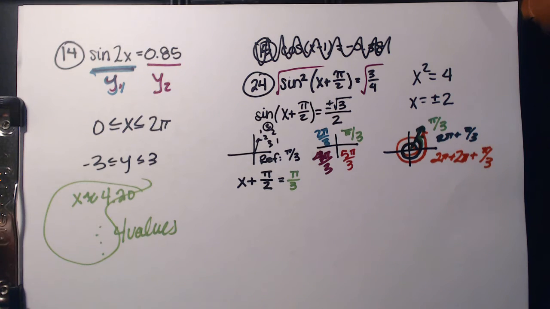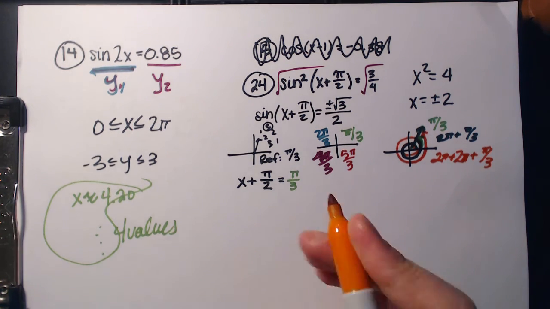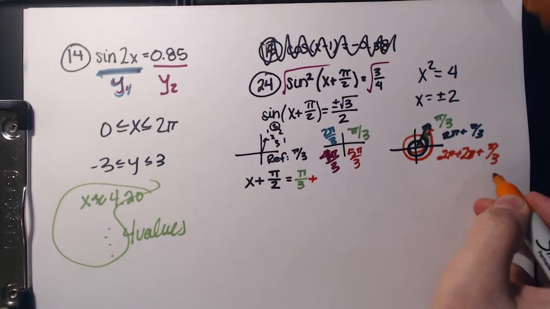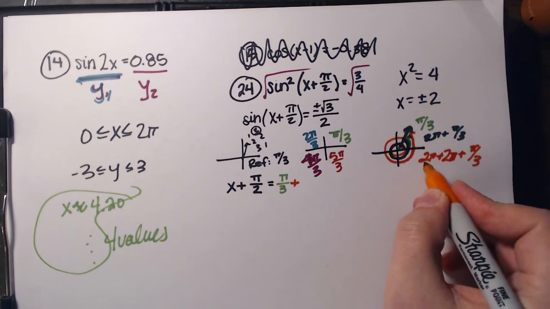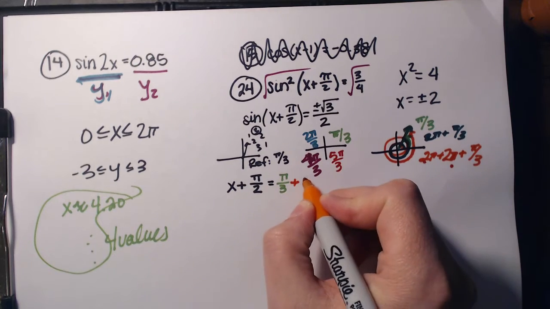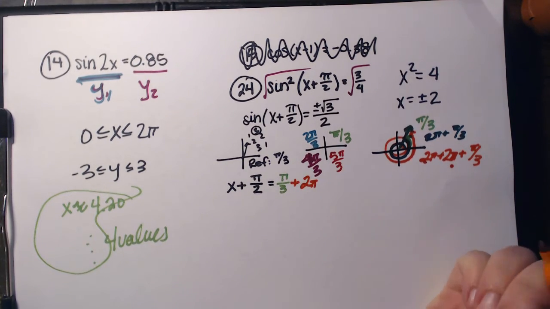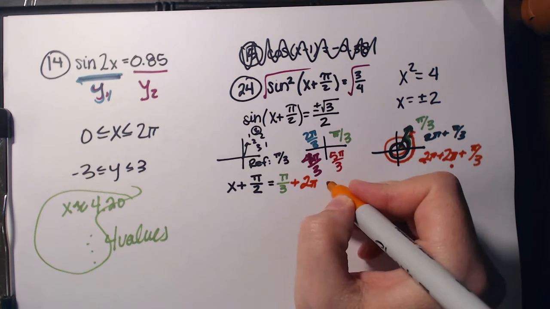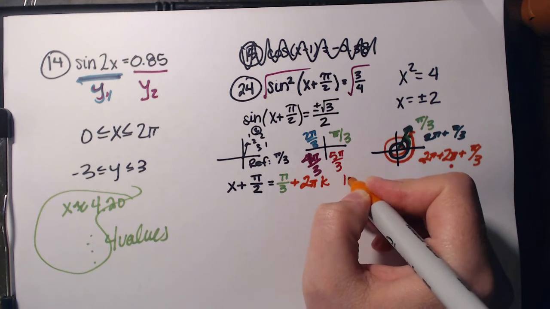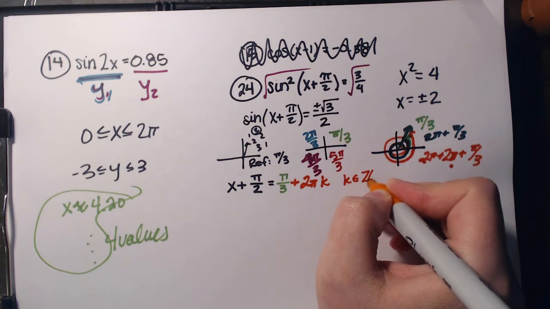So what I'm going to do to adjust for this is say, well, I want rotations of this. So I want 2 pi or 4 pi or 6 pi, or I could go backwards, so I could subtract 2 pi. So that's where the k comes in. So k is an integer.